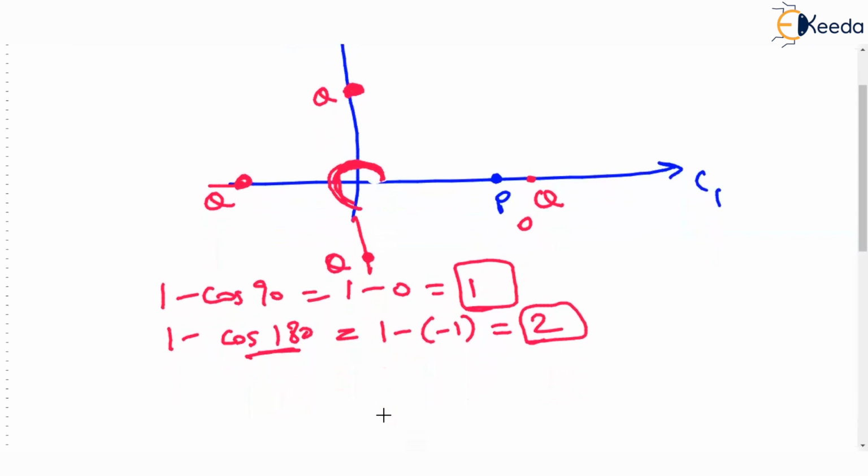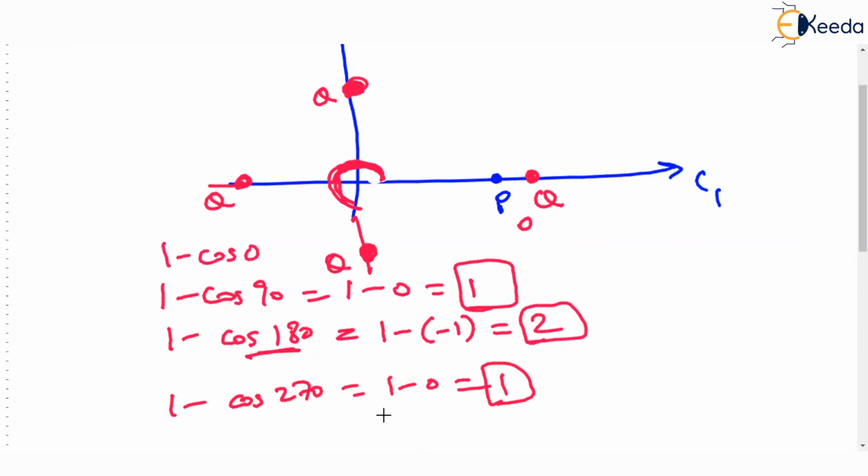So this distance now will be 1 minus cos of 270, which will be 1 minus 0, which will be 1. And you will agree that if Q is here or Q is here, by cosine distance they are at 1. And what if Q returns back over here? Then the angle made is 0. Then 1 minus cos 0. Cos 0 is 1. Then the distance will be 0.